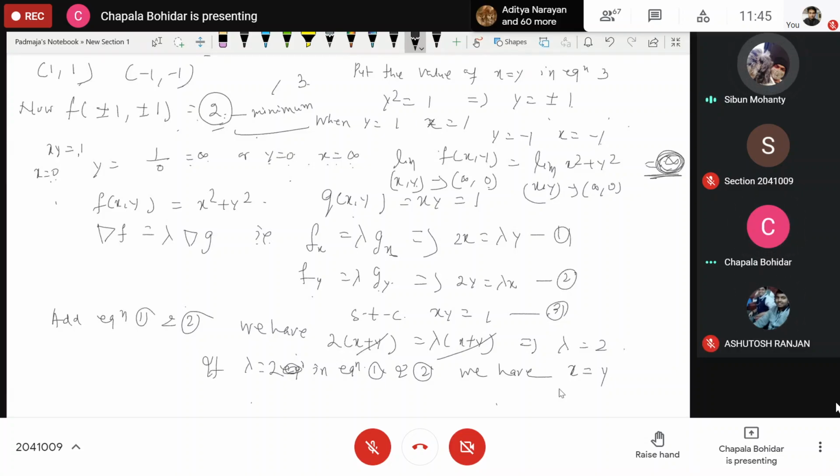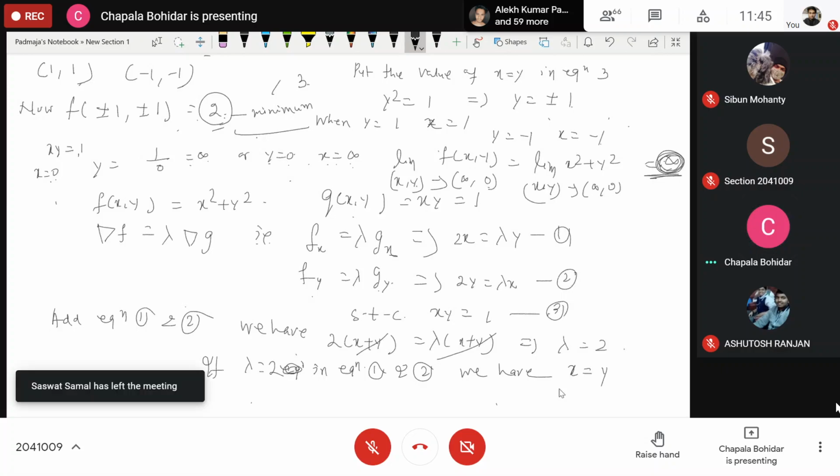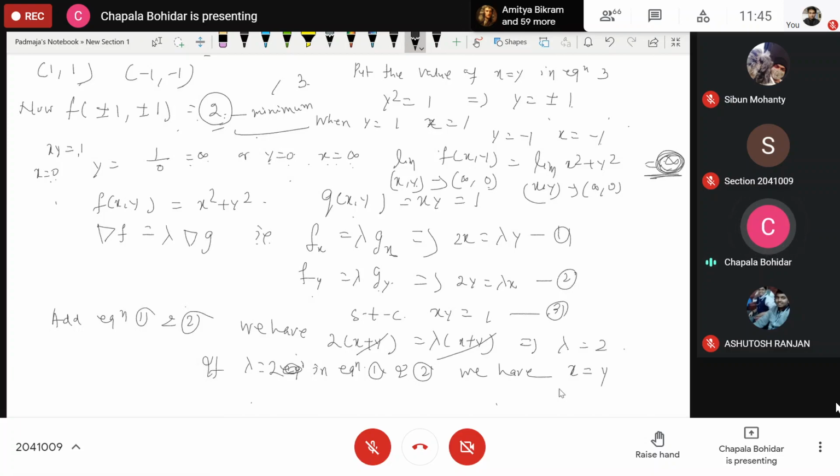Ma'am, that part, how to know whether it is maximum or minimum, once again. Here the question is not bounded. The constant given is xy is equal to 1. If you go for the critical point, you compute d, that is f_xx times f_yy minus f_xy squared at the critical point.